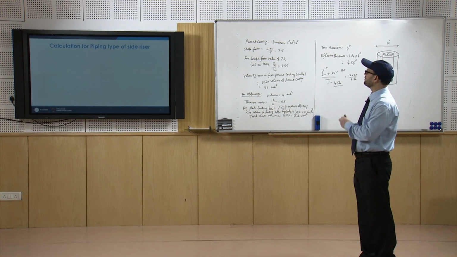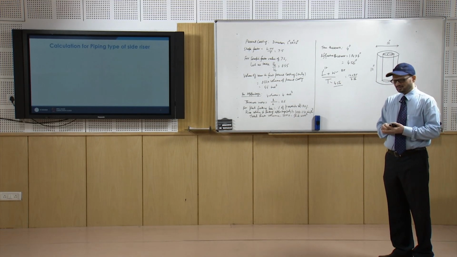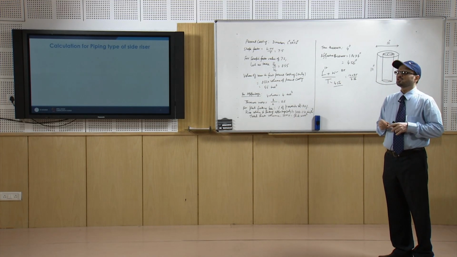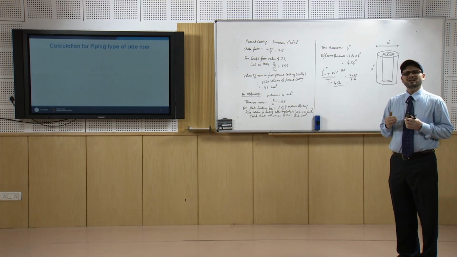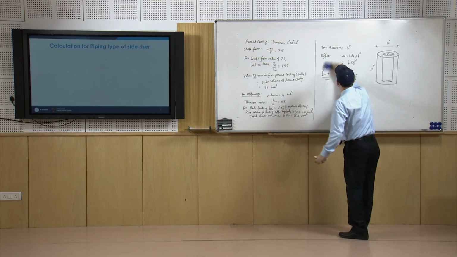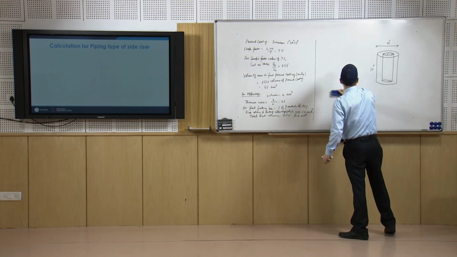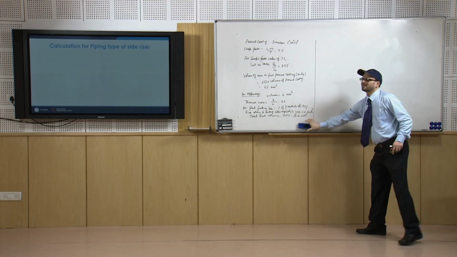Now, calculation for piping type of side riser. In many cases, you need to have a riser calculation based on the pipe being formed. So, we need to understand what is the piping type of riser.